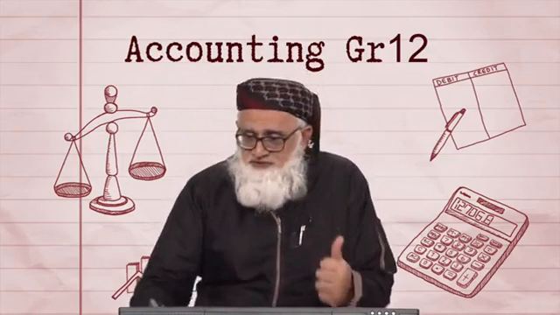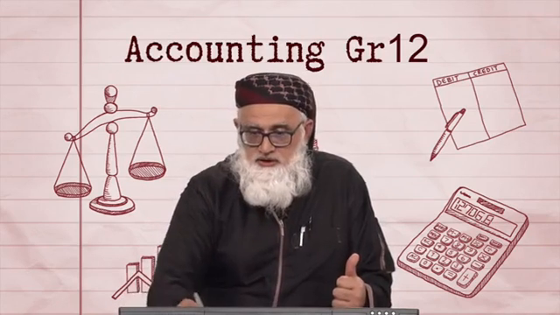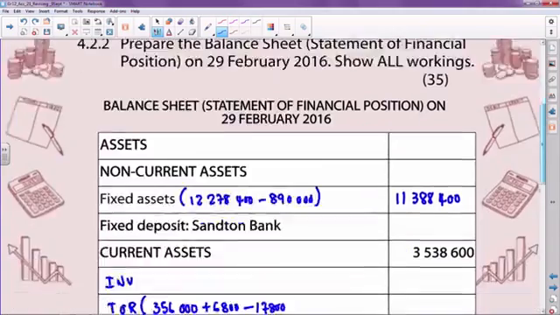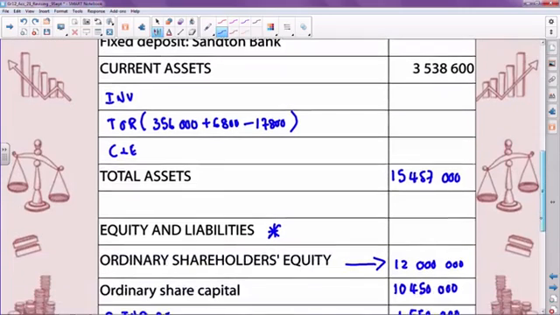You've got an existing provision of 16,000, and I need a new provision of 17,800. That is 1,800, like I calculated. So clearly the 1,800 would appear in my income statement, but my balance sheet has the final total of 17,800. Clear? Okay, so there I have my trade and other receivables sorted out. Now I need to determine my cash and cash equivalents. Let's just do this calculation first.